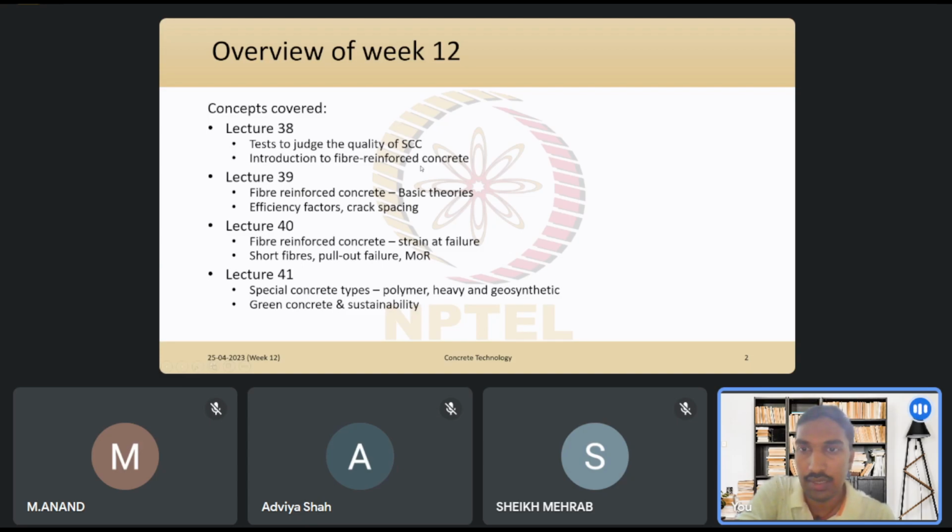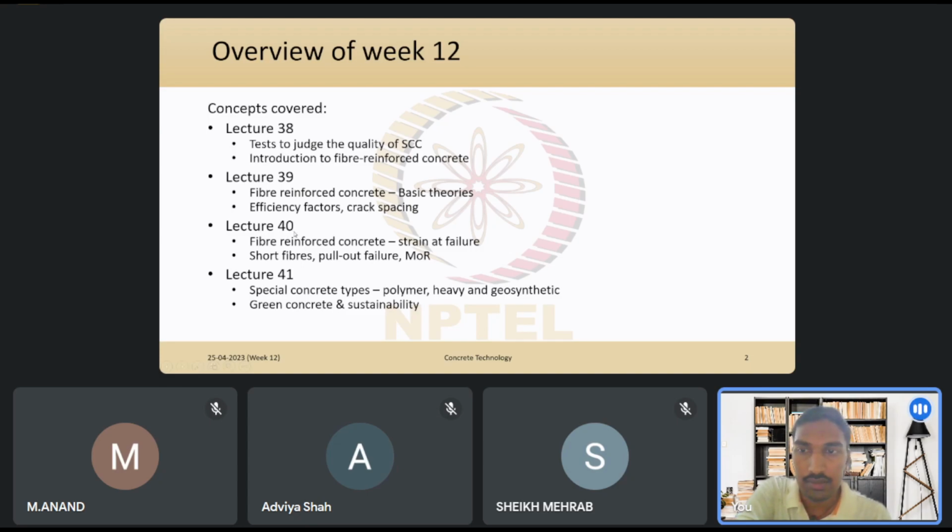In lecture 39, we continued with the basic theories related to fiber reinforced concrete, with respect to the orientation and alignment of the fibers, how it affects the properties, and how it improves the properties of concrete. We also looked at the different efficiency factors and how crack spacings are affected in fiber reinforced concrete.